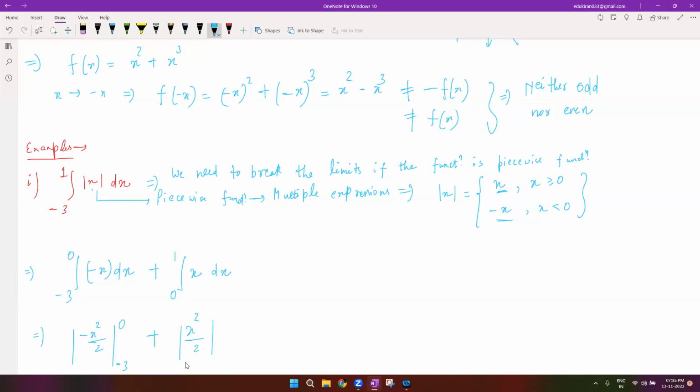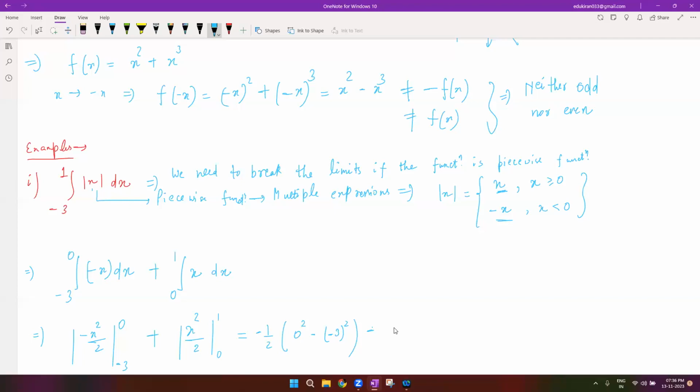right? Okay, you can take minus half outside. This will be 0 square minus minus 3 square. And you can take half outside. This will be 1 square minus 0 square.